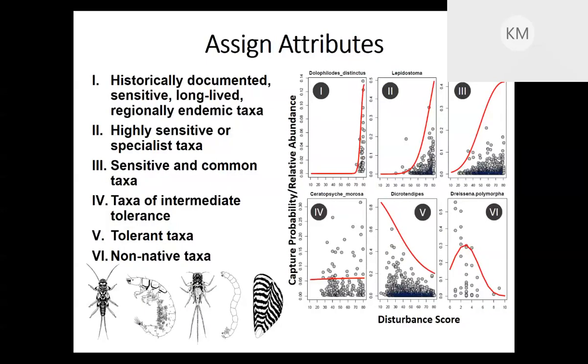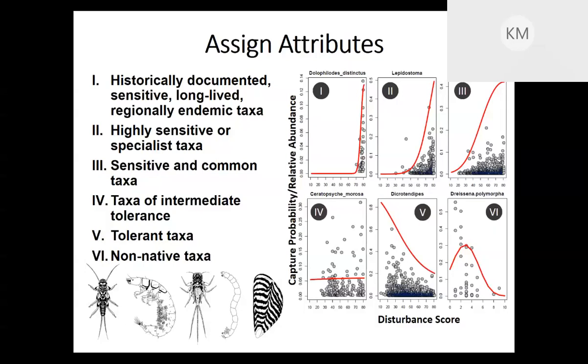So you have these attribute 1 taxa. These are really special, sensitive taxa. The example here is the caddisfly Dolophilodes, where the x-axis on these plots is disturbance, and to the left-hand side is lower watershed disturbance. So this species is really only found in watersheds that have the lowest disturbance in our state.